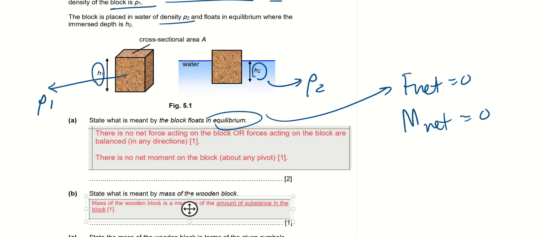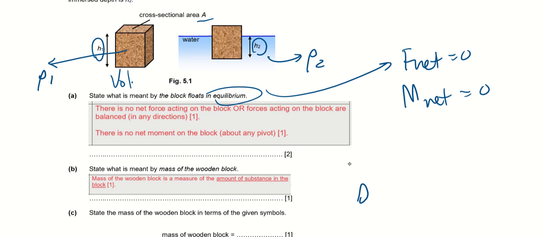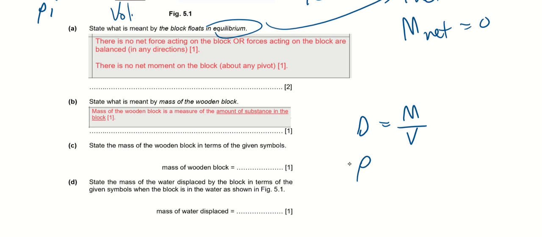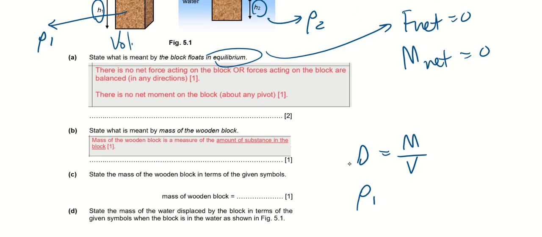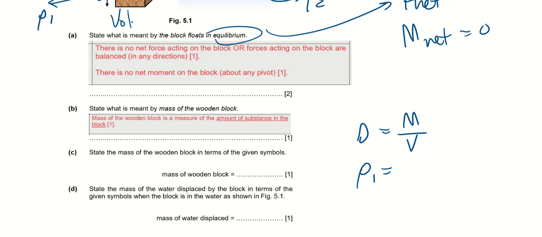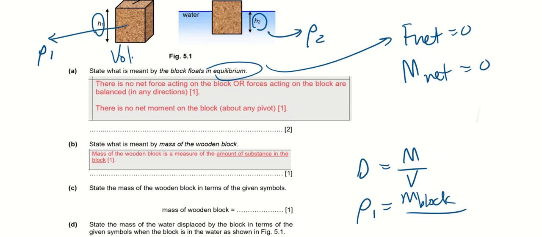So what are we given? We are given H1, we are given A. With this, we can actually find the volume of the block. And since density equals mass over volume, I'll have rho 1, which is the density of the block, equals mass of block over volume.